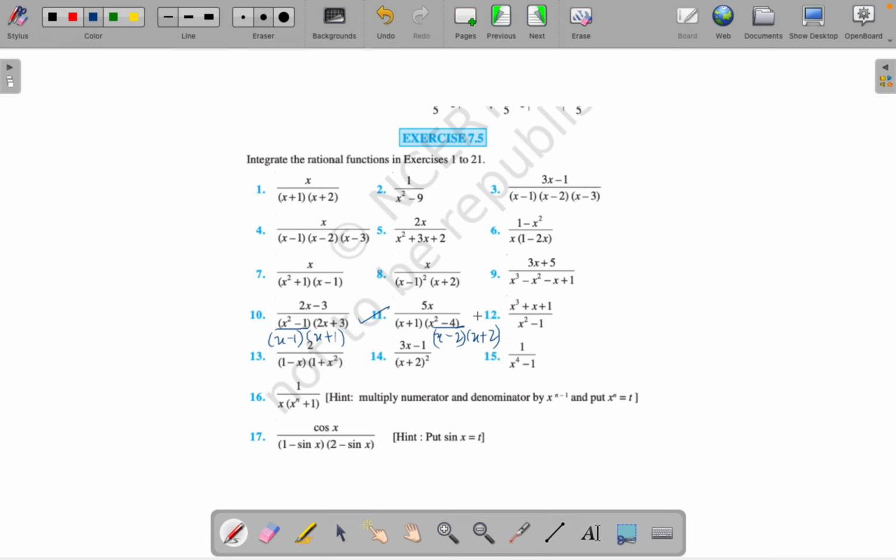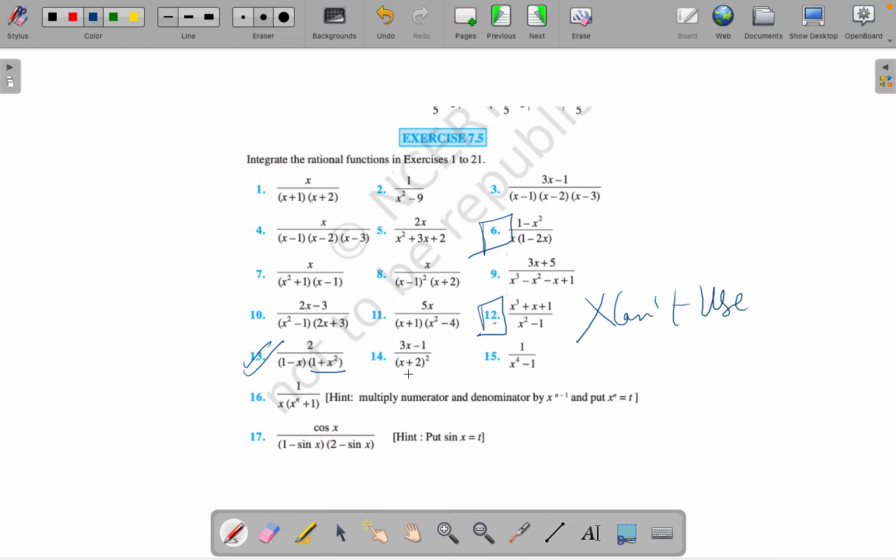Now question number 12, again you have to remember, you cannot use partial fraction there. So the first step is just to look at the question once and check its degree. If the numerator's degree is smaller, only then partial fraction will apply, otherwise it will not. So in question number 6 and question number 12, partial fraction cannot be applied. Okay, this is again partial fraction: A upon the first factor plus Bx + C upon the second factor, because this cannot split.